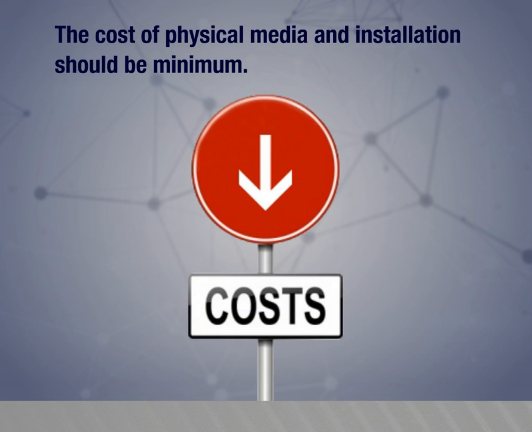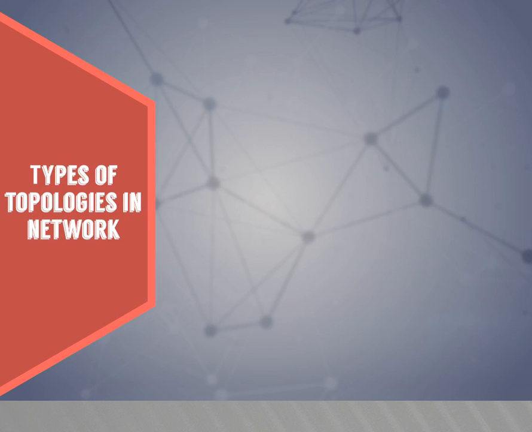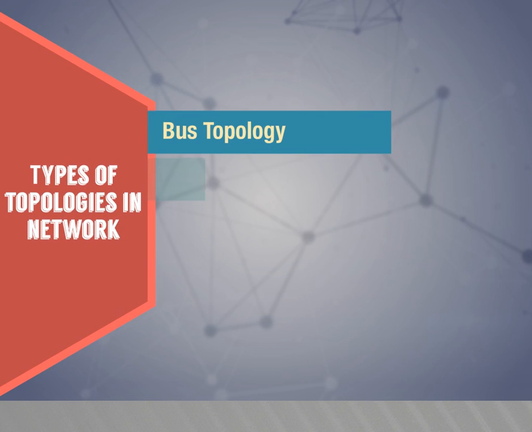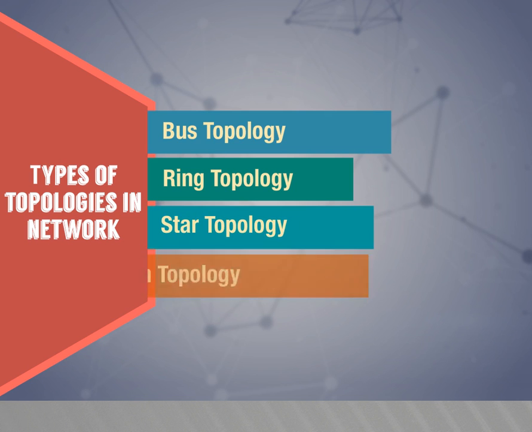The cost of physical media and installation should be minimum. The network should not have any single point of complete failures. Types of topologies in network: bus topology, ring topology, star topology, mesh topology.